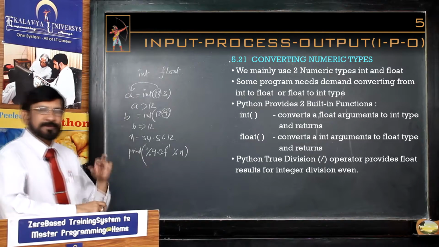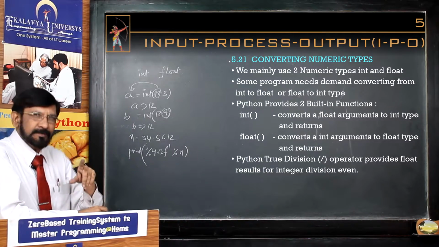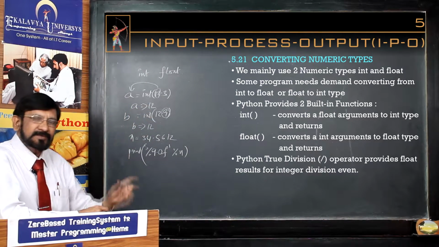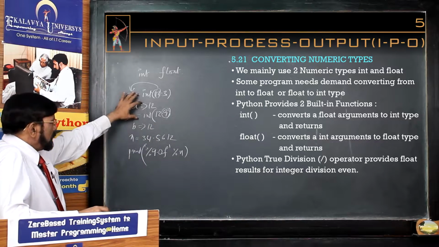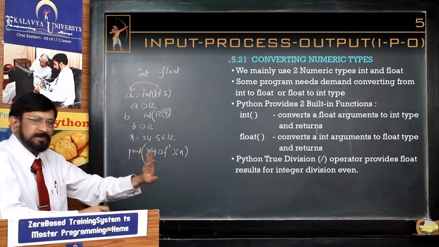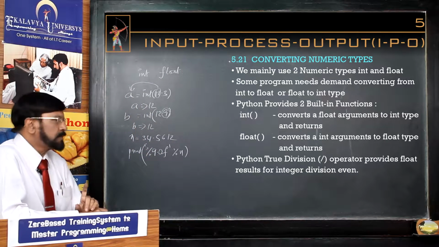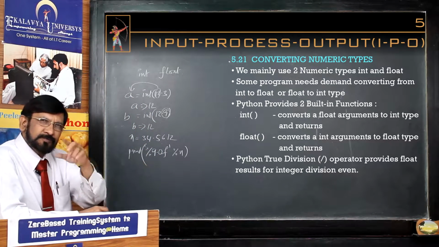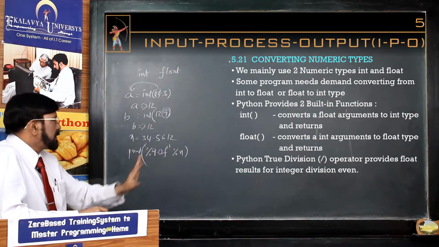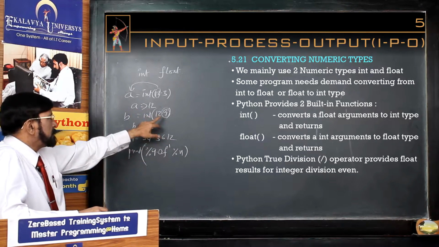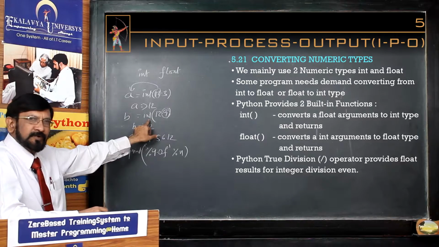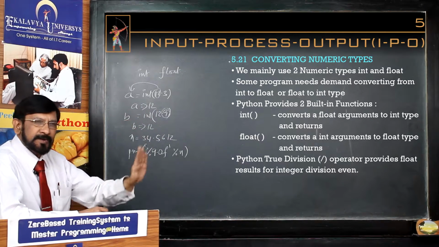Just recall this thing, because sometimes we get unnecessary confusion. Whenever a context comes, if you have a comparative study, you never get confused. Otherwise, write a few lines of notes, then unnecessary confusion will not come. In case of the int function, this is totally truncated.